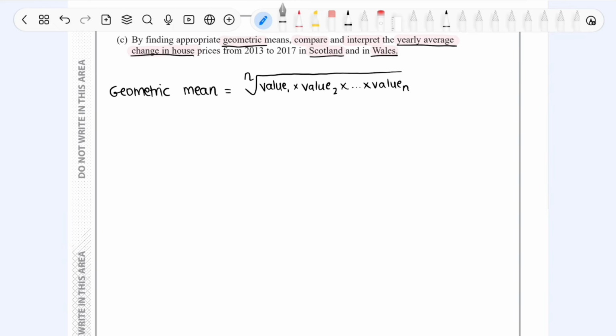I won't go into too much detail here because this is something that you will need to cover, and if you don't know what I'm on about, you just need to go and learn it and revise it. It's a different type of mean compared to the arithmetic mean. Anyways, we're going to use this formula and plug it in for our Scotland and Wales house price increases. So we'll start with Scotland.